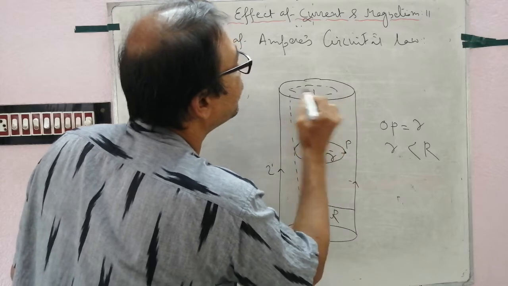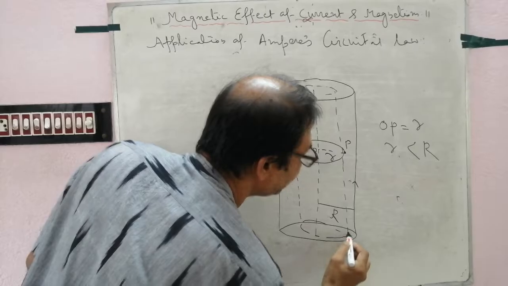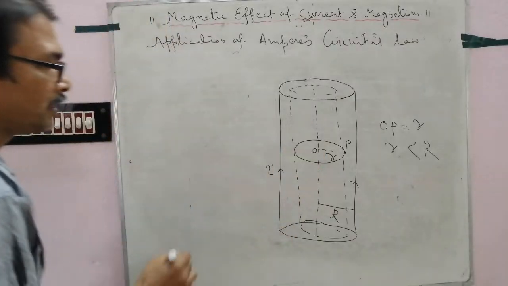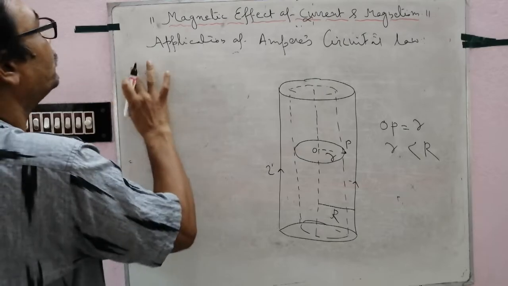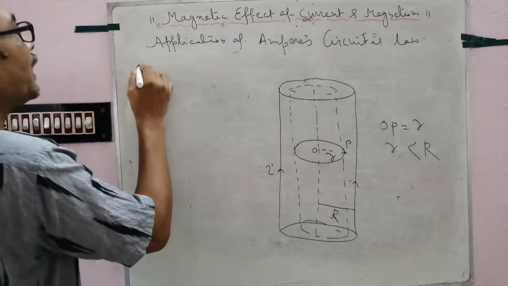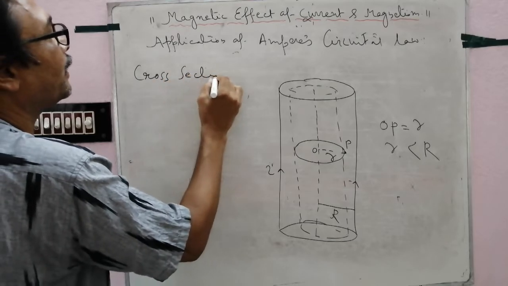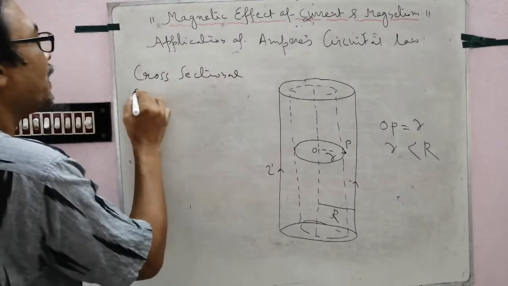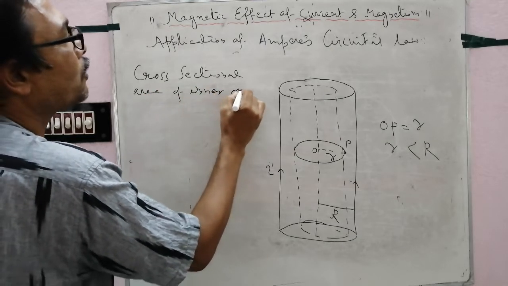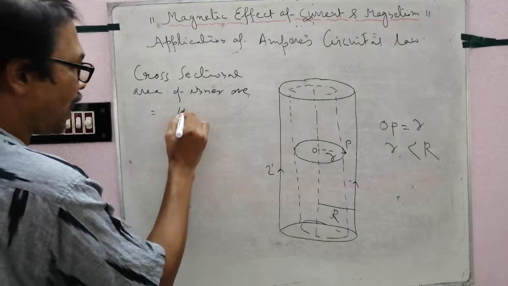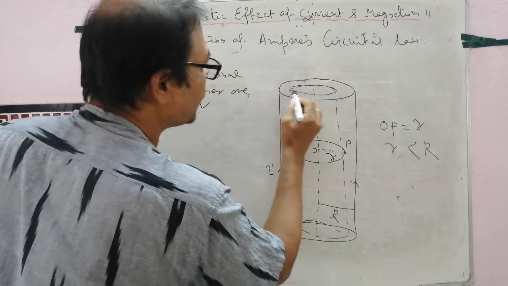Imagine this portion of the cylinder, the inner cylinder. The cross sectional area of the inner cylinder is pi r square.